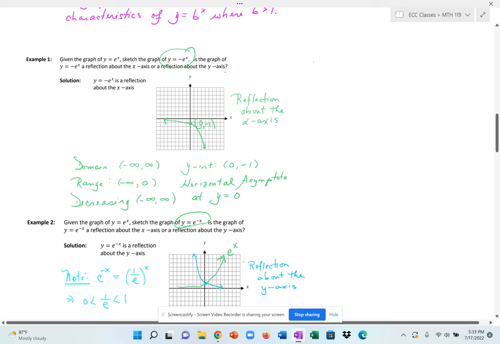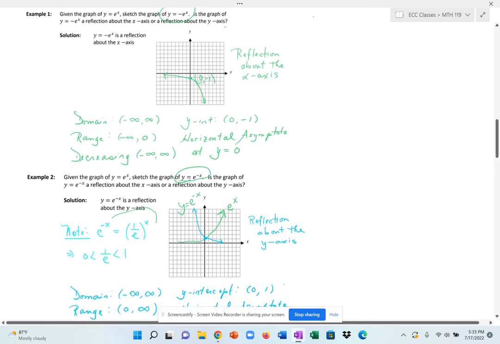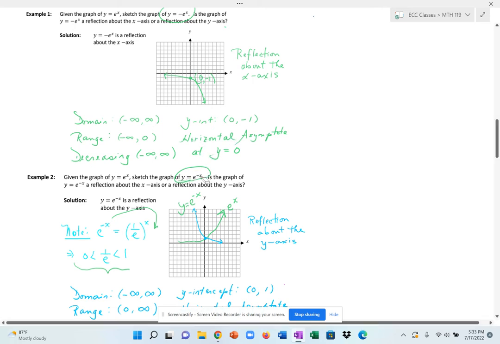And so when I reflected about the y-axis, e to the negative x would be on the other side here, this one in blue. And because this is the same as 1 over e to the x, and 1 over e is definitely a number between 0 and 1, it's got that decreasing behavior instead of increasing behavior.